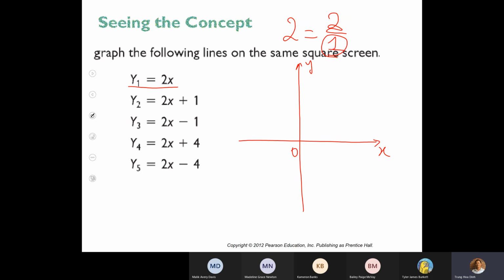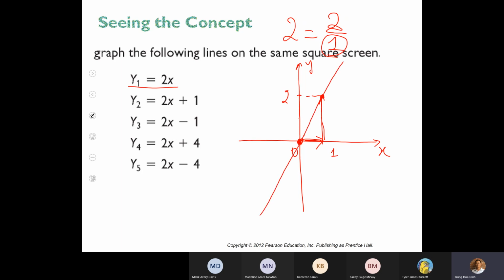So when x equal to 0, y equal to 0. I have one point. Here's 1, and 2. I start from the origin. Since the slope is 2 over 1, I move to the right on 1 and move up on 2, right? I have the second point. So I connect them, and I get the straight line.